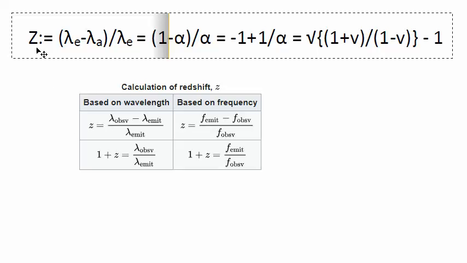He has z equals lambda observed. Yeah, he's got this reversed, I think. He needs the lambda emitted. Yeah, lambda absorbed minus lambda emitted divided by lambda emitted. So that would probably fix it here. But I think that's the first typo I found.